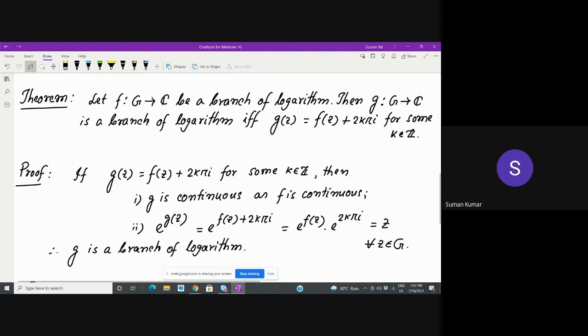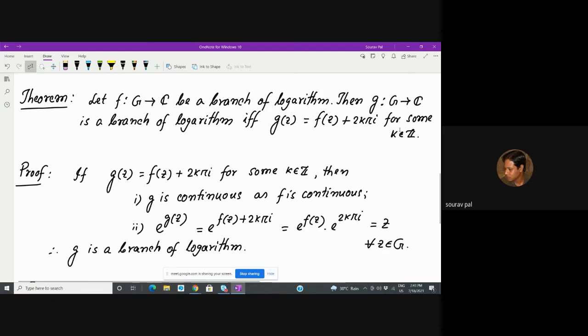Sir, but the value of k is ranging in Z, for some k or all? The domain and k both are different. The value of k is all integers.